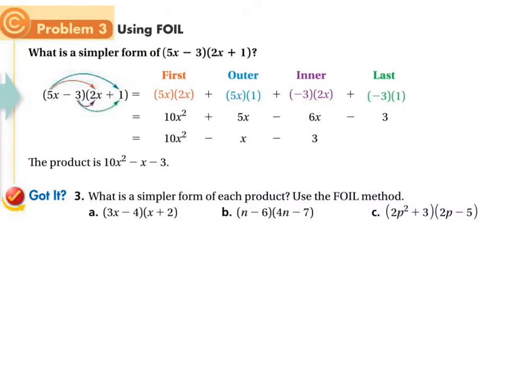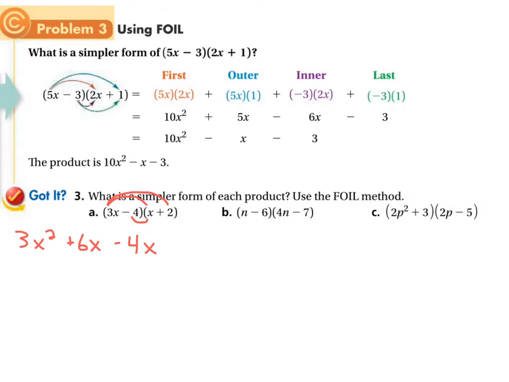Okay, so first term times first term. 3x times x, 3x squared. Outer terms, this term times this term, 3x times 2, 6x. And since it's a positive 6x, you have to put a plus there to separate the terms, okay? Inner terms, this negative 4 times x, negative 4x.